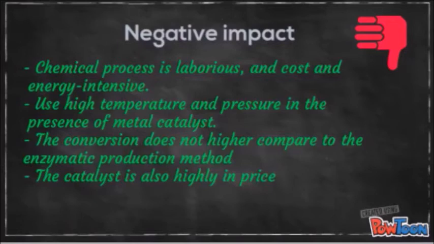When it's high temperature and high pressure, more energy will be used during the process, and this can contribute to the cost. Next, the conversion is not higher compared to the enzymatic production method. The enzymatic production method has higher conversion, and lastly, the catalyst is also high in price.